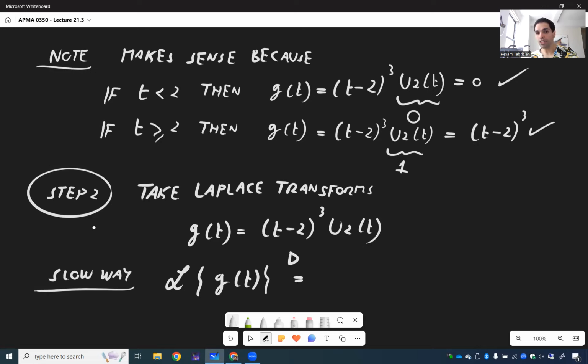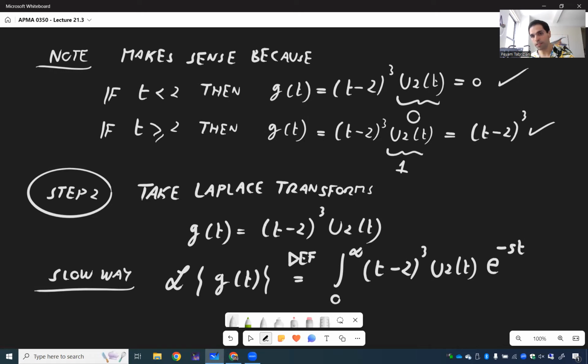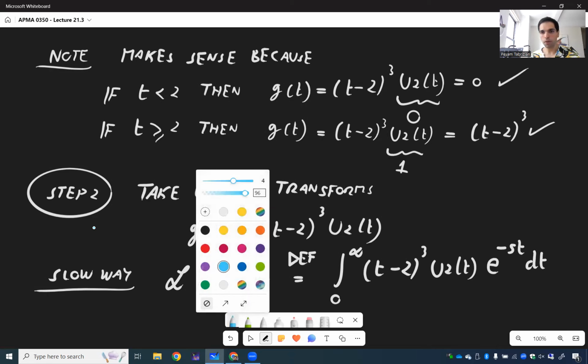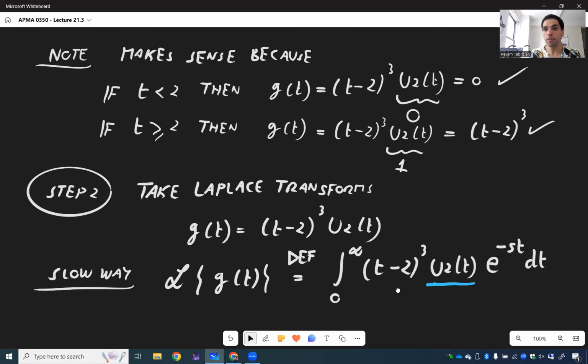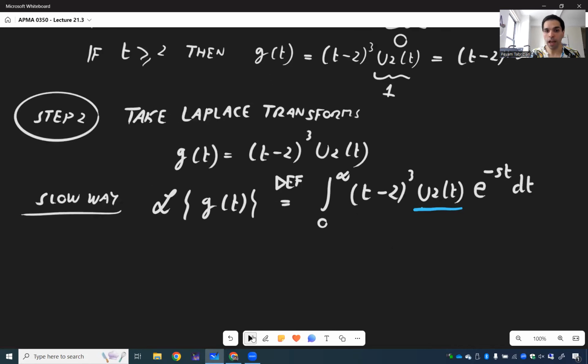Well, by definition, it's the integral from 0 to infinity of g. So (t minus 2) cubed u2 of t times e to the minus st dt. But remember, u2 has a piecewise definition. In particular, before 2, it's 0. After 2, it's 1.